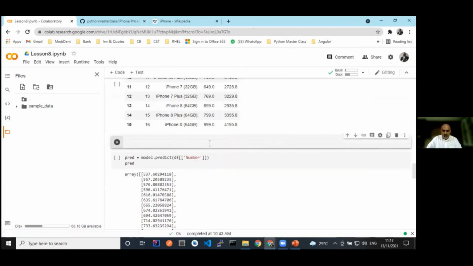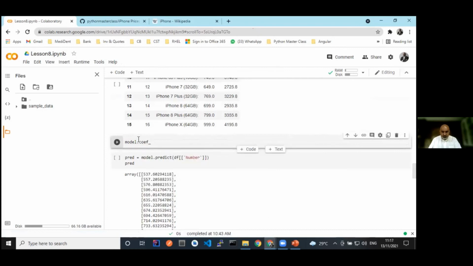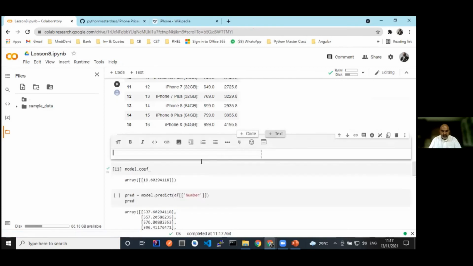We have the model, right? So you can type model and it will show you, you can find the coefficient. You can print the coefficient. The coefficient is actually the gradient, because the line is y equals mx plus c, the straight line.